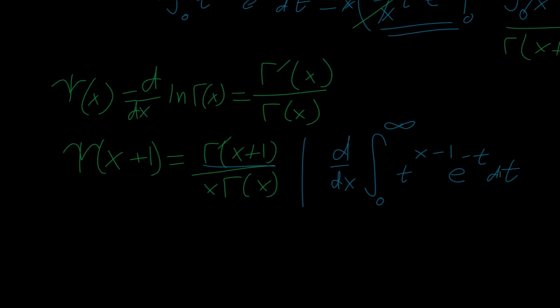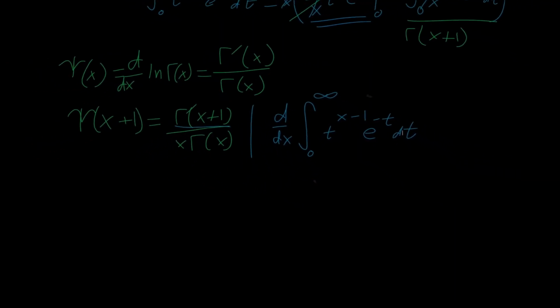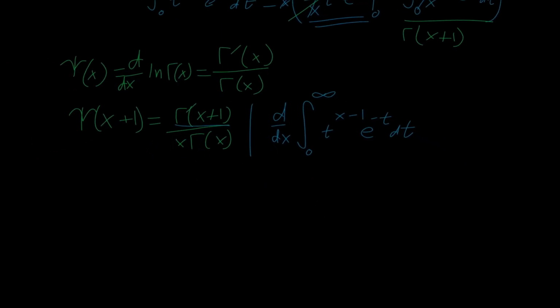Because this integral does not in fact depend on x, we're integrating with respect to t after all, we can just put this derivative inside the integral, and what we obtain is just, well, the derivative with respect to x of t to the x. That's the only term we actually have to differentiate, and we just end up with an extra natural log of t inside the integral. So what we have is actually the integral from 0 to infinity of t to the x minus 1 e to the minus t, and then times the natural log of t, with respect to t, of course.